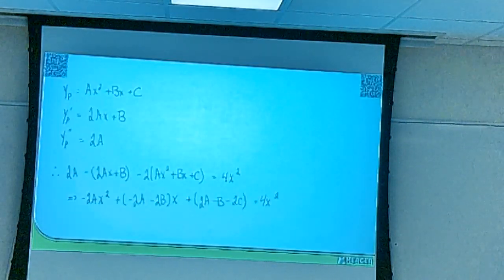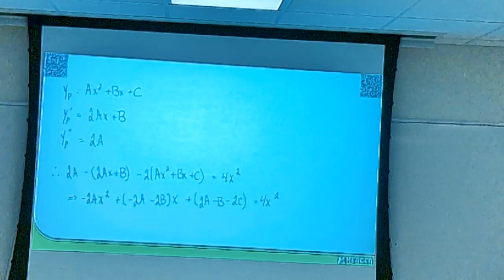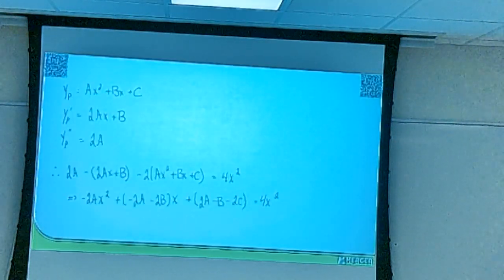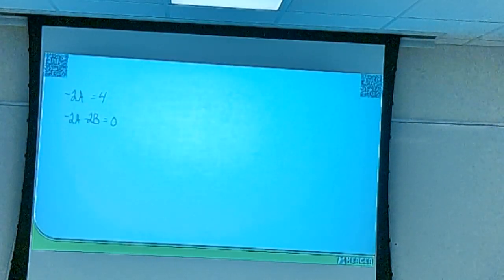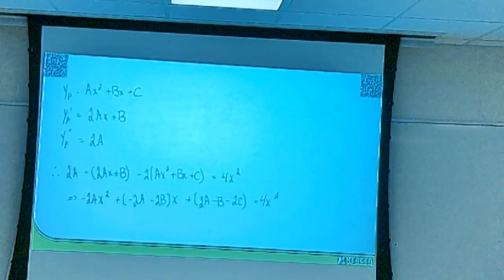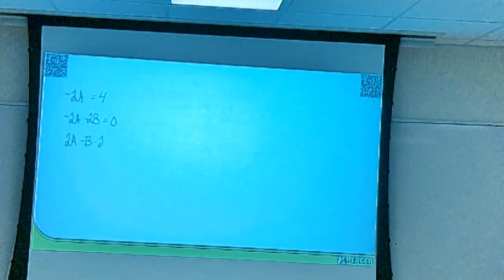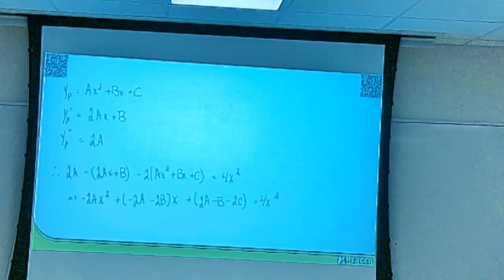Left-hand side, what is your coefficient? What is it on the right-hand side? Constant, what is it on the left-hand side? And what was it on the right-hand side?